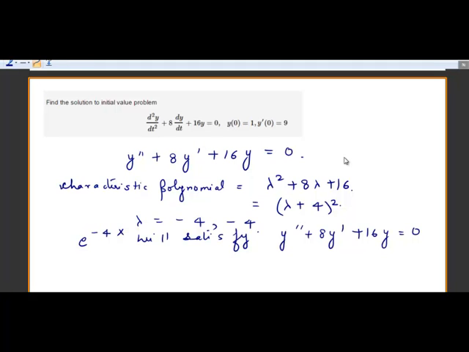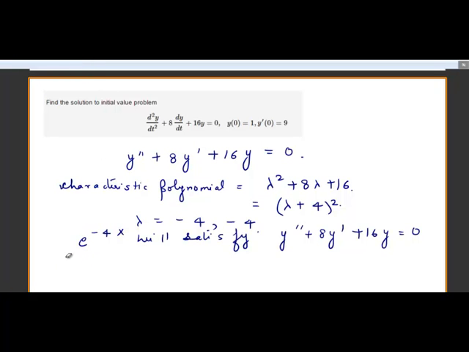Okay, so we will make use of the Wronskian to prove that. If we have two members of a fundamental set, what is the definition of the Wronskian?